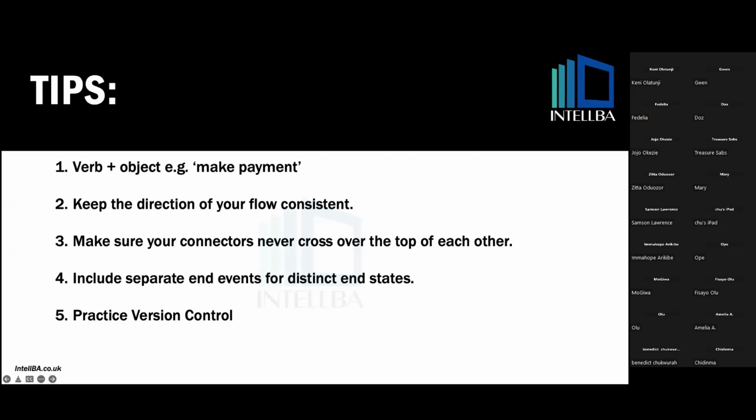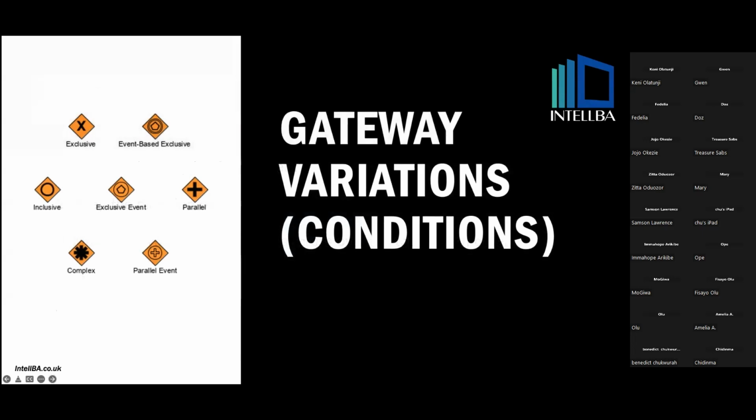So practice version control. And yeah, other gateway variations for the decisions, you don't necessarily need to do this, but if you work in a very strict, controlled environment where every T must be crossed and every I must be dotted, then you want to make variations to your decision diamond shapes, the gateways.